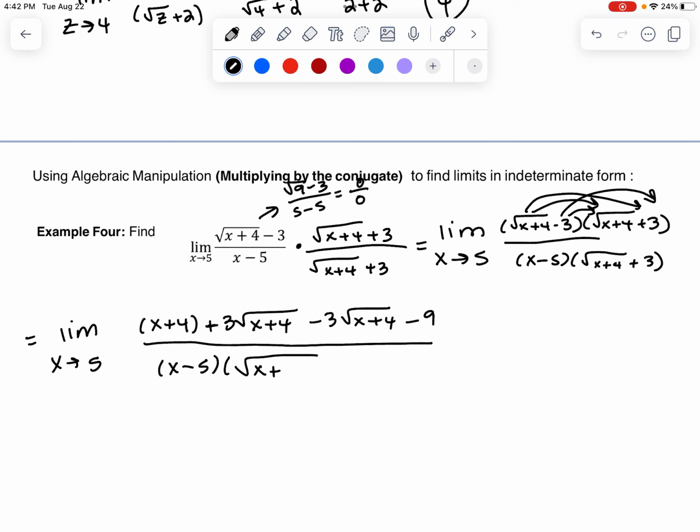And now I'm just going to do some algebra, so just follow along. The big idea with these problems is you're basically just doing algebra. Not all of this is really calculus skills, it's more of algebraic skills.